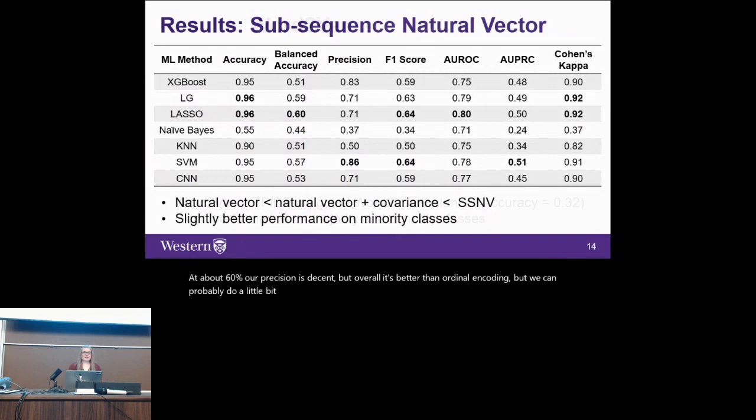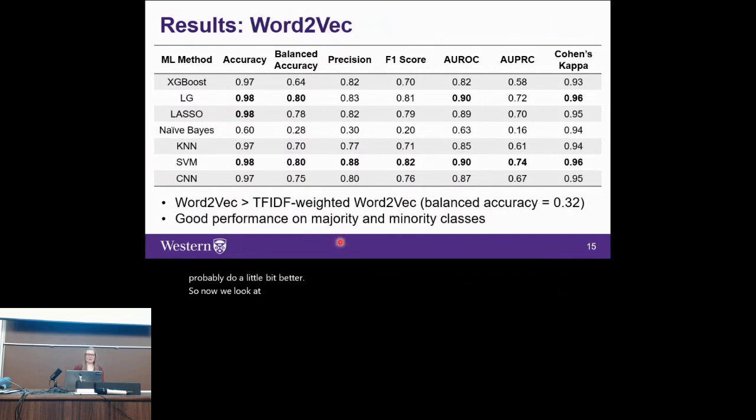So now we look at our word-to-vec encodings. We find actually that word-to-vec outperforms TF-IDF-weighted word-to-vec, which achieves a balanced accuracy of only 0.32, where our word-to-vec model achieves a balanced accuracy of 80% with logistic regression, as well as the support vector machines.